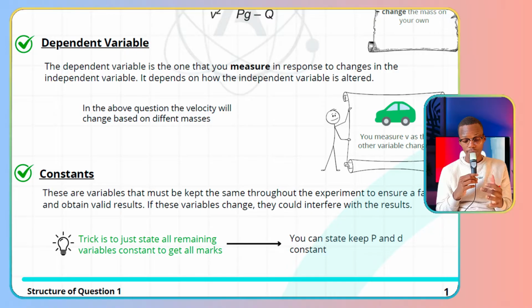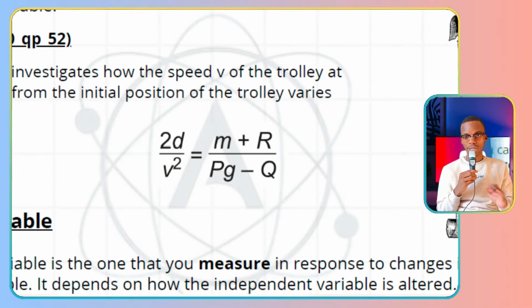A constant is a variable that is kept the same throughout the experiment. Why? To ensure a fair test and obtain valid results. If these variables change, they would interfere with the whole experiment. The trick is just to state all the remaining variables, or all the remaining constants, in order to get all the marks. So if you look at our previous example here, we had multiple variables.